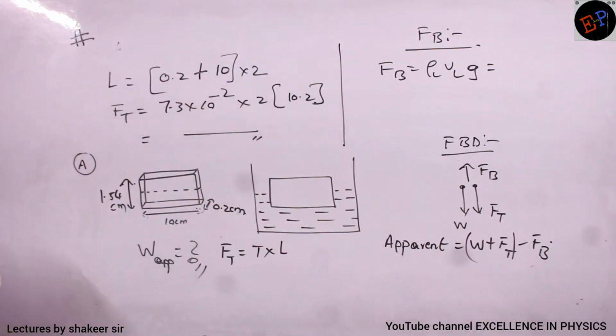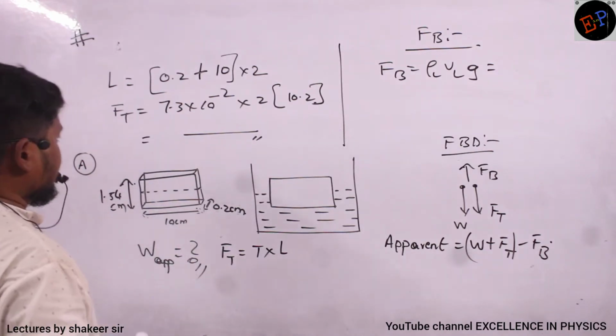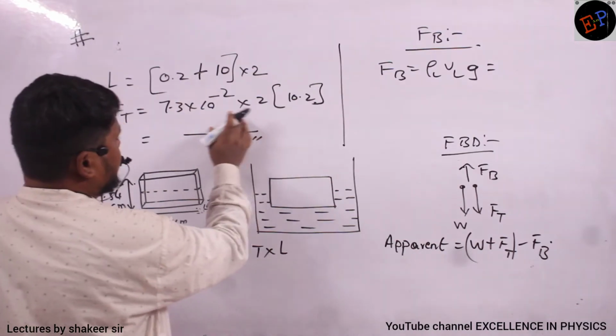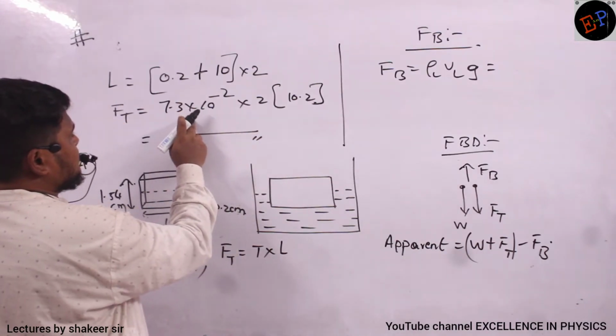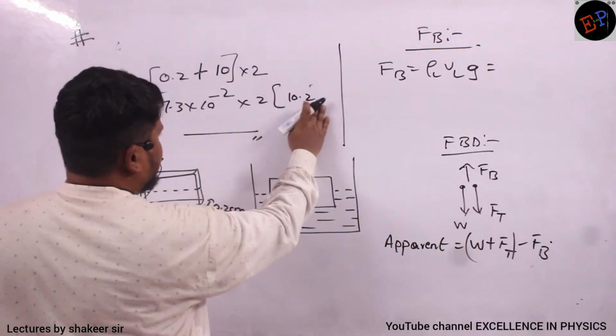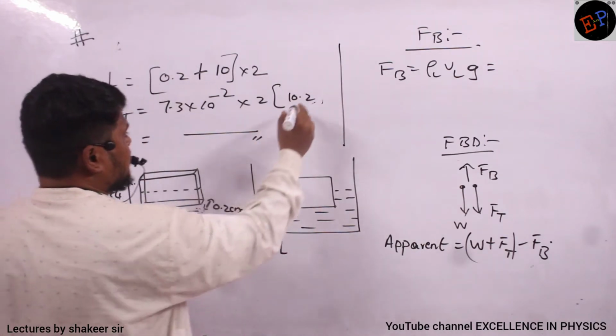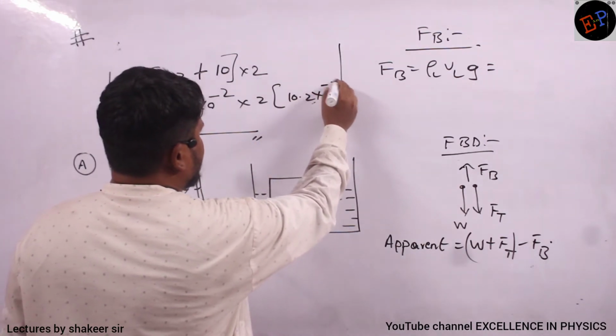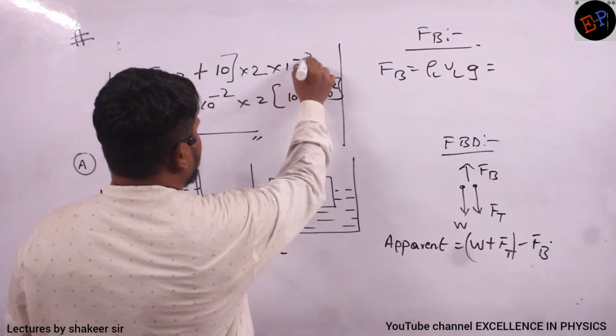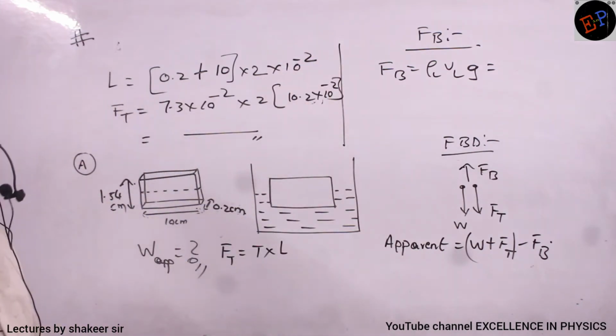Answer he calculated in meters only we have to calculate, ma. So therefore, because surface tension is given in SI system, no. So 10.2 into, they are given in centimeter, no. So I will write 10 power minus 2. 10 power minus 2. Is it clear?